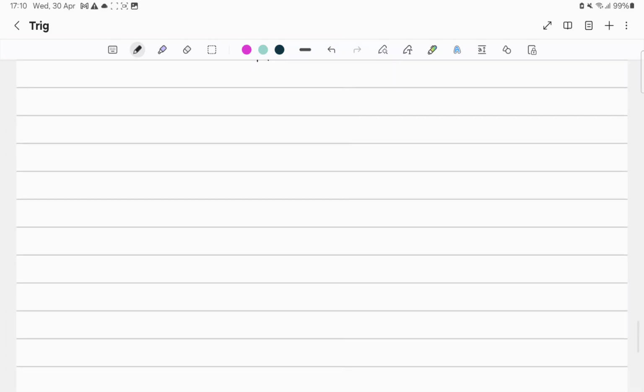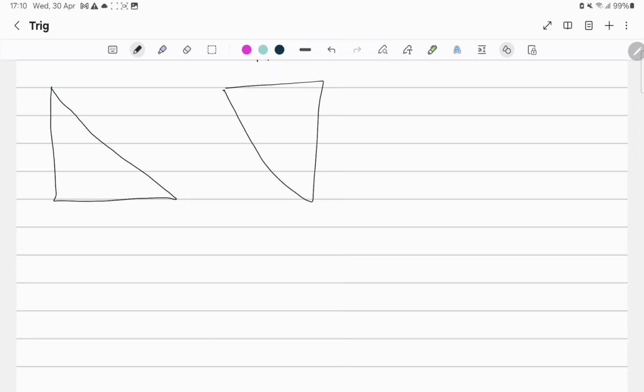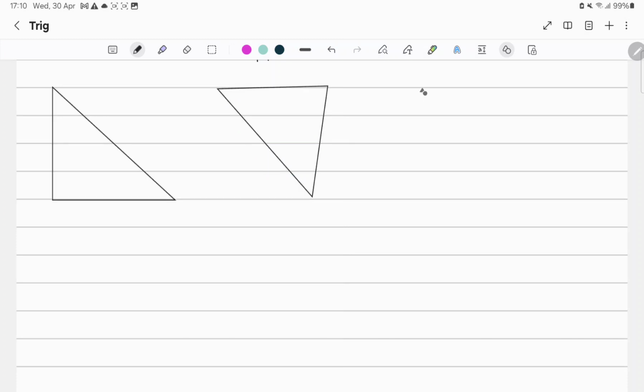Alright, so let's quickly do a small exercise. Let's draw three different triangles. There's triangle 1, triangle 2, and triangle 3.